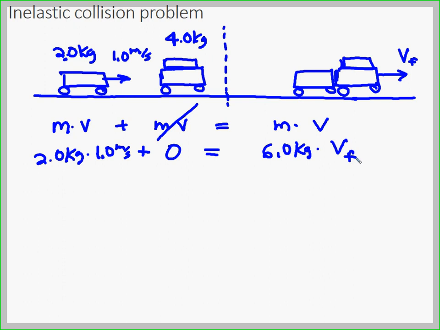And if you solve for this, you get 1/3. And of course, we would want to write it as a decimal to show sig figs. So 2 sig figs, that would be 0.33 meters per second.